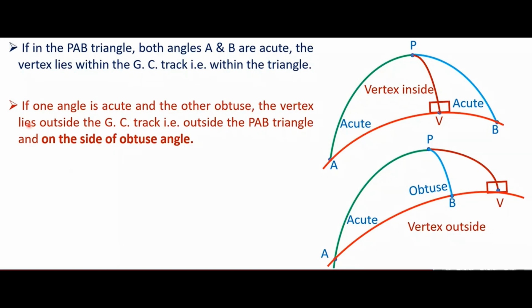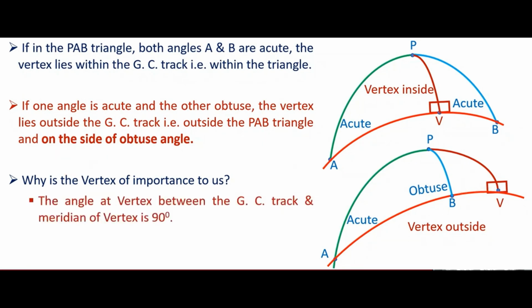Now, having identified whether the vertex lies inside the track or outside the track, what do we use it for? What is our interest in the vertex that we have discussed it for so long? The importance of the vertex lies in the fact that the meridian of the vertex cuts the great circle at 90 degrees.